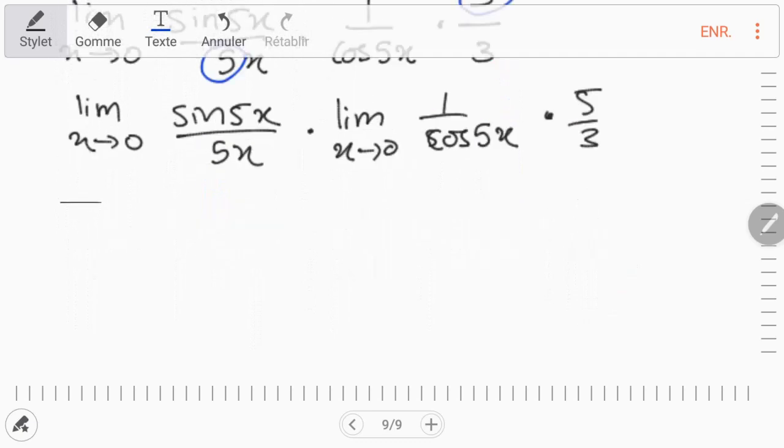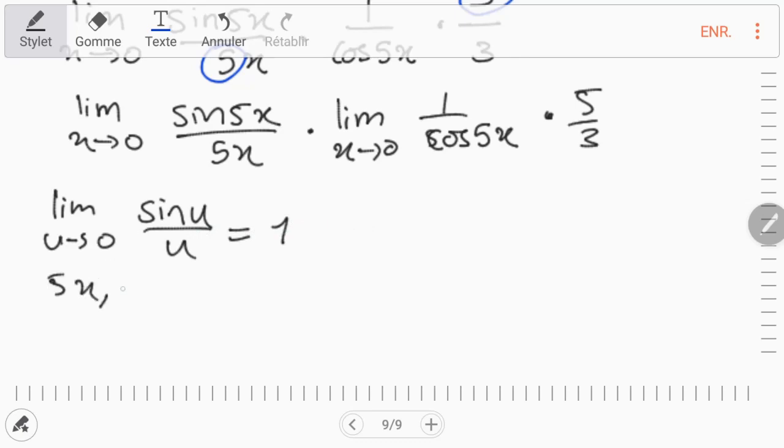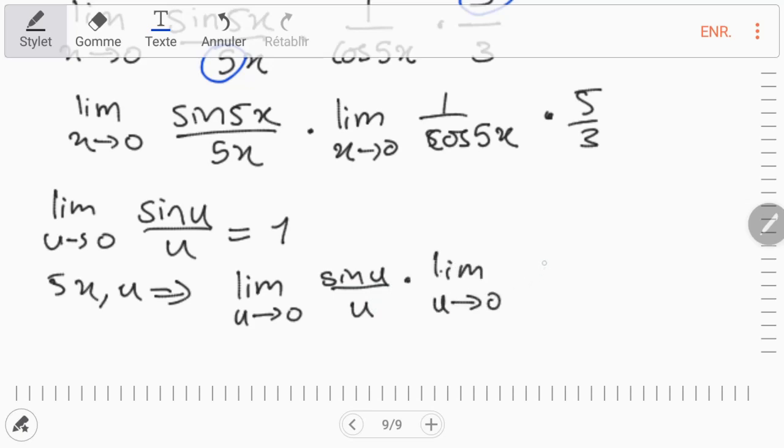Knowing that the limit as u approaches 0 of sine u all over u equals 1, replacing 5x by u, we obtain the limit as u approaches 0 of sine u all over u times the limit as u approaches 0 of 1 all over cos u times 5 all over 3.